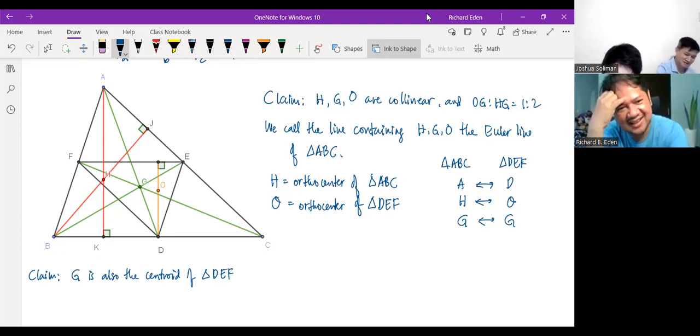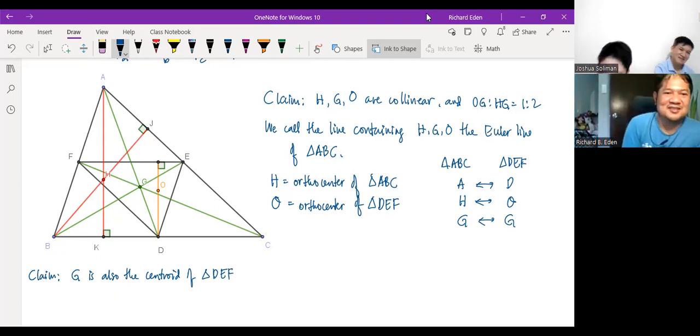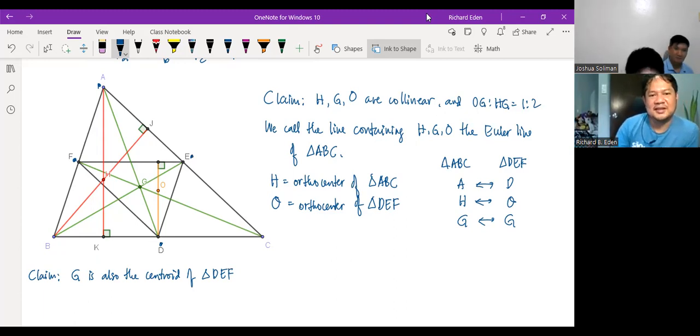Look at this, Joshua. A, F, D, E. That's a quadrilateral. What's so special about that quadrilateral? It's a parallelogram. And in that parallelogram, the diagonals bisect each other, so the diagonals intersect at their midpoint.